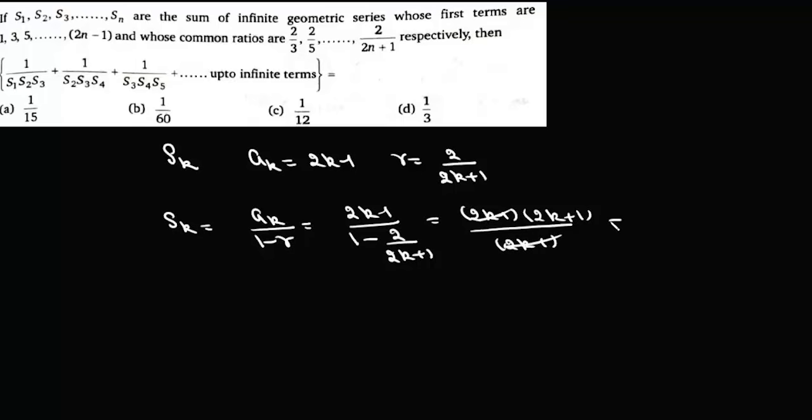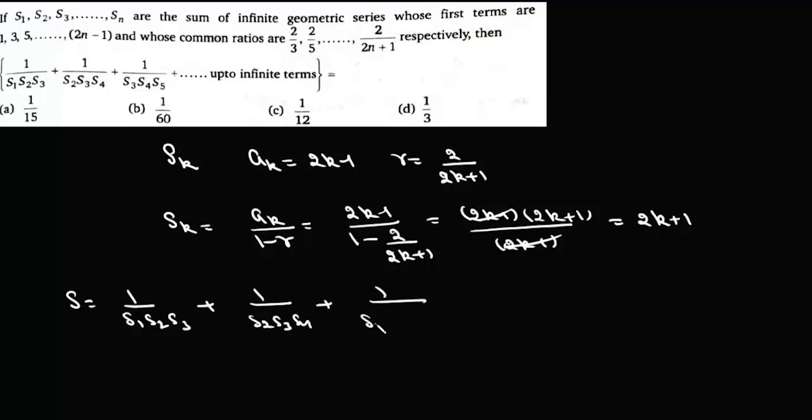So this Sk is nothing but 2k plus 1. So if we look at the sum of the series S, it is 1 upon S1 S2 S3 plus 1 upon S2 S3 S4, S3 S4 S5, and it continues up to infinite.